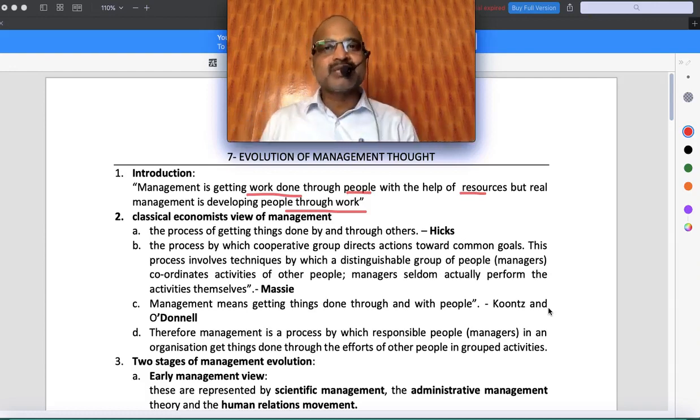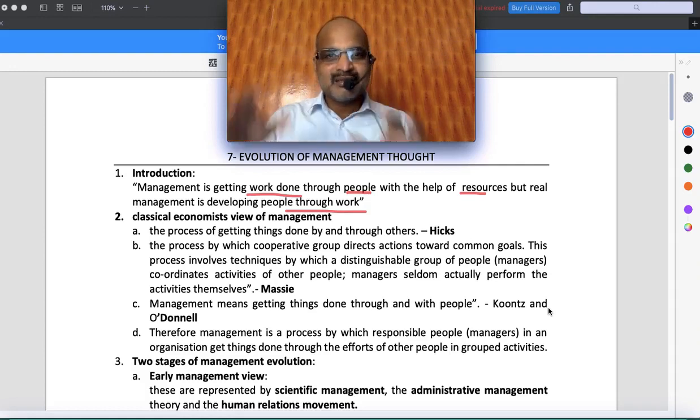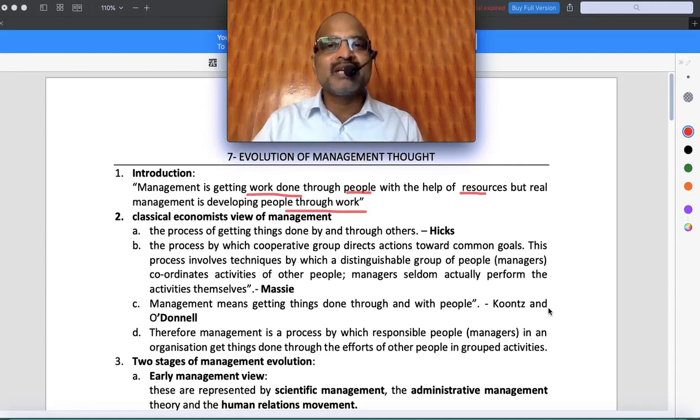And suppose in the morning, when the manager comes to the office, the first important thing he has to look at is: do I have resources to get things done? So a branch manager, or any manager in the company, has a main job: to make sure the things that are supposed to be done are done with the help of resources.